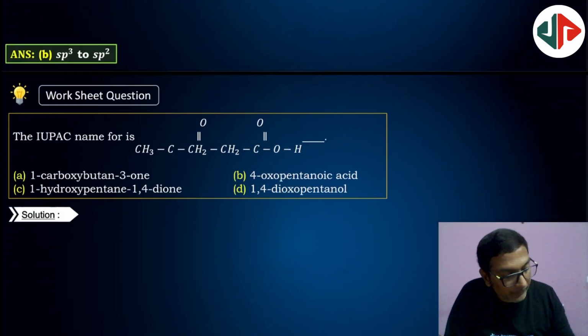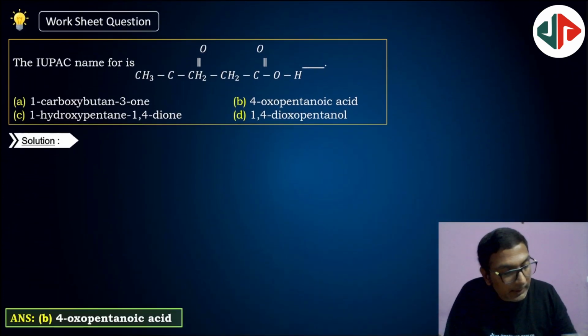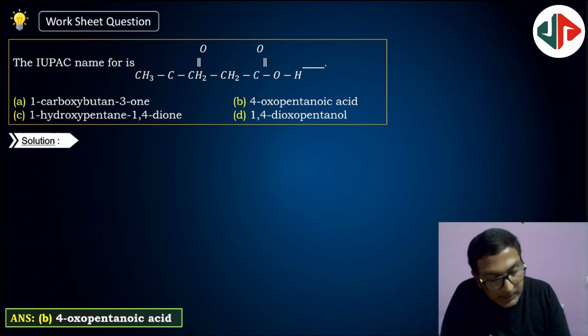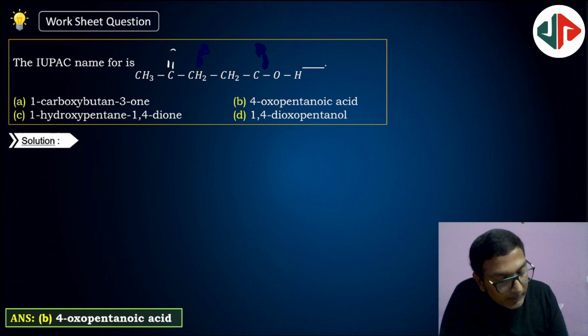Next. What is the IUPAC name for this compound? Here there is a C=O, and here another C=O.